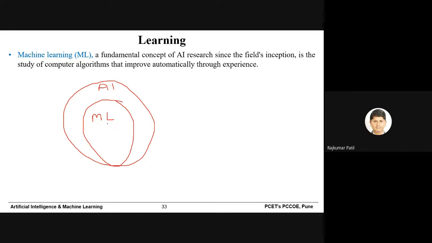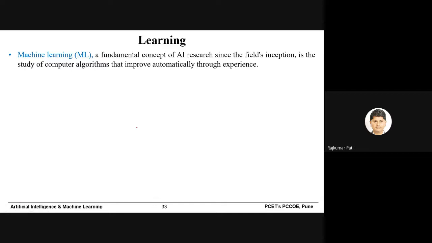And from the word learning itself, we can say that the systems or programs should be designed so that they learn by themselves and make decisions accordingly, and less emphasis should be given to programming or improving the algorithms again and again. So your machine learning algorithm should learn through experience and make the best decision.